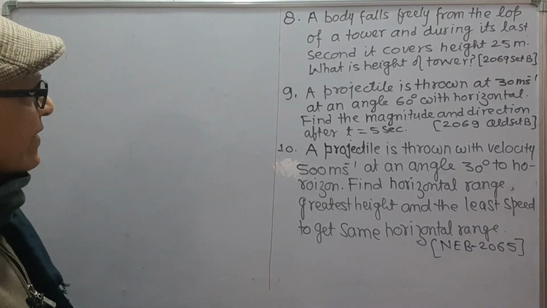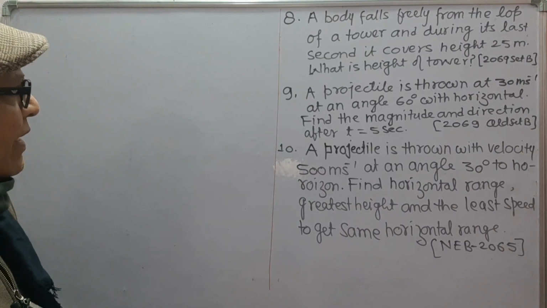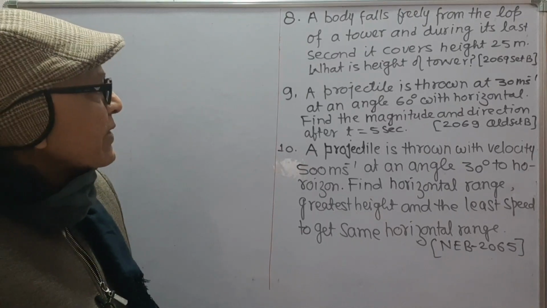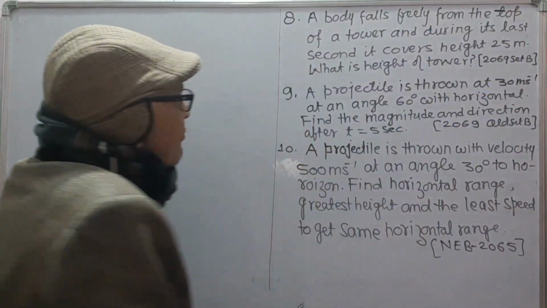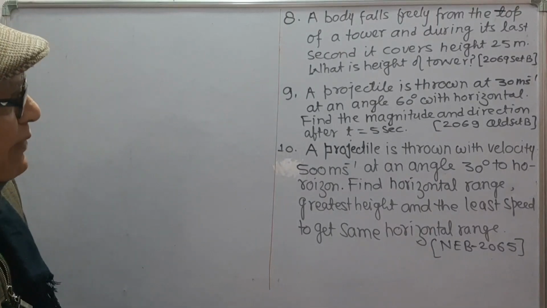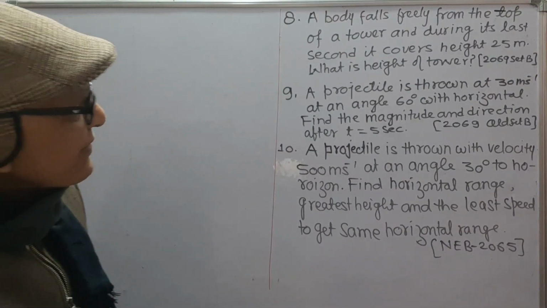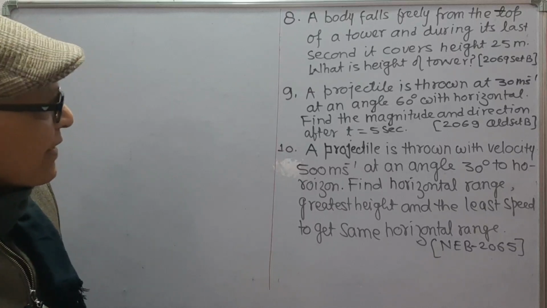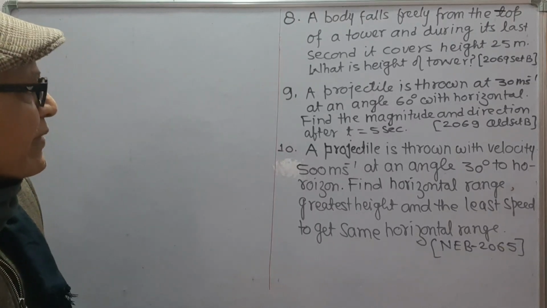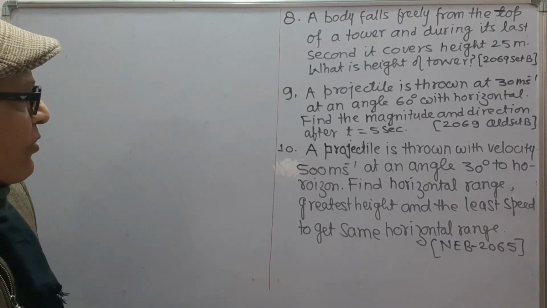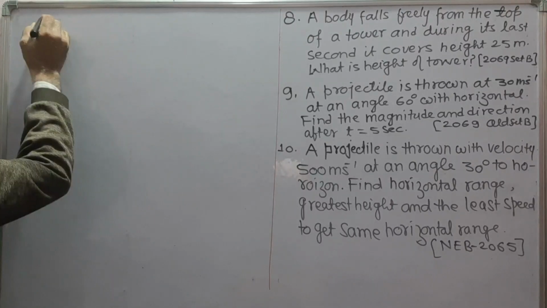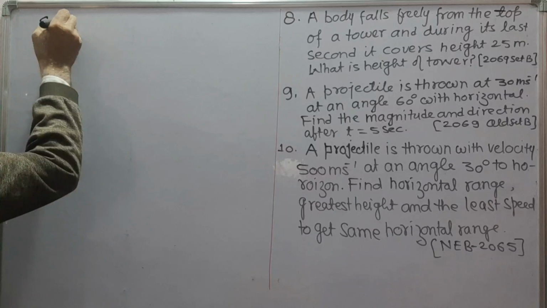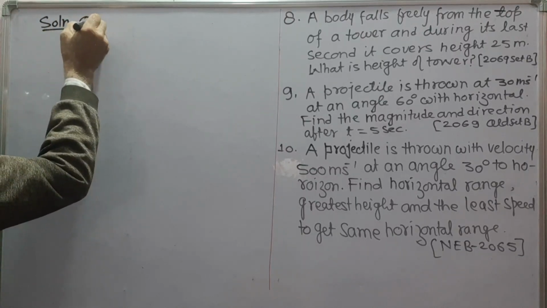Next question number 8. The question is, a body falls freely from the top of a tower, and during its last second it covers height 25 meters. What is the height of tower? Solution to question 8.